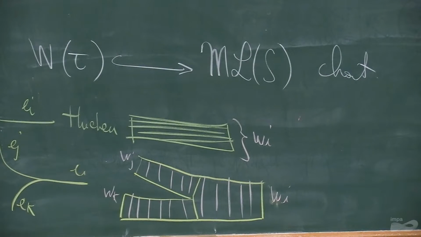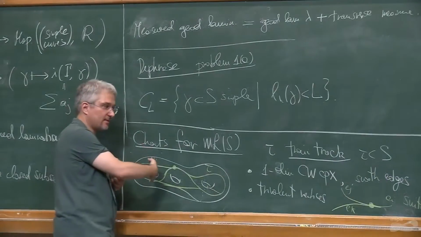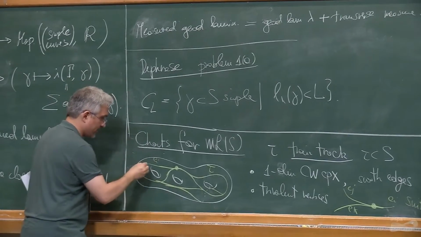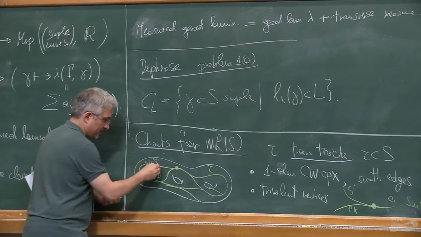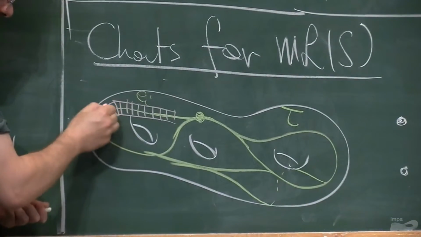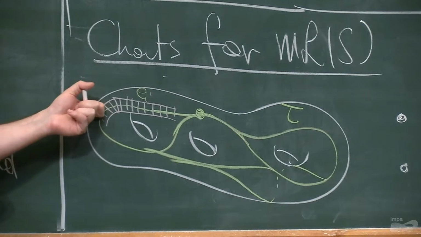What you get in the end by thickening this train track is a partial foliation, a foliation of a subset of the surface, which also has this transverse measure. The partial foliation is on a thickened part of the train track. Once you have this measure on this partial foliation, you can straighten these curves.